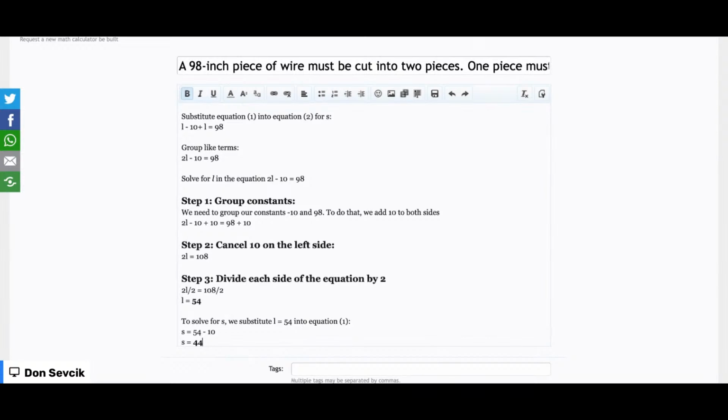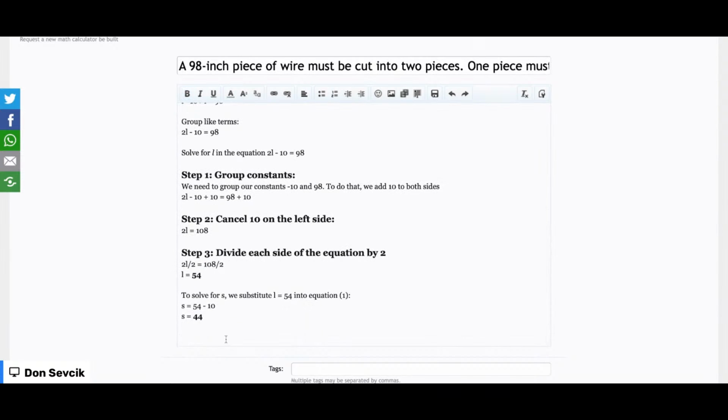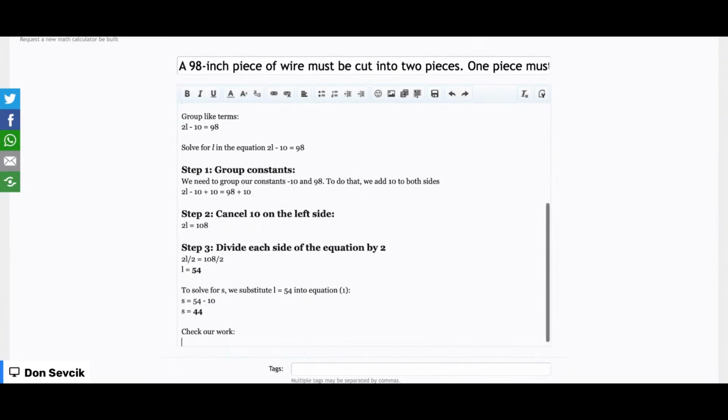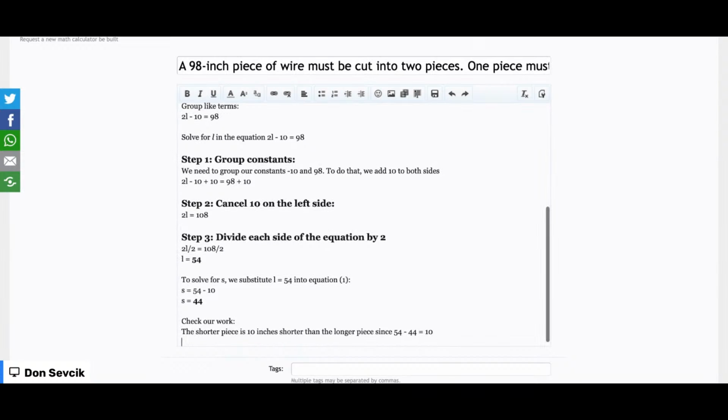So we have our two segments or pieces. The short one is indeed 10 less than the larger. That was the first check. Let's check our work. The shorter piece is 10 inches shorter than the longer piece, since 54 minus 44 equals 10.